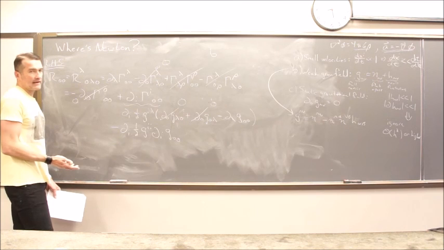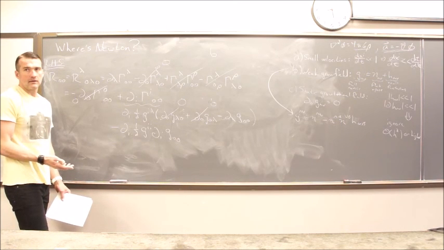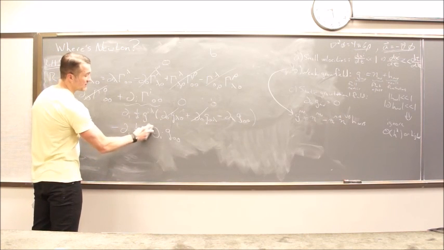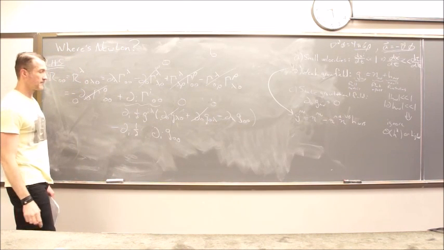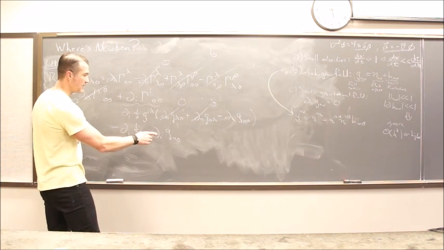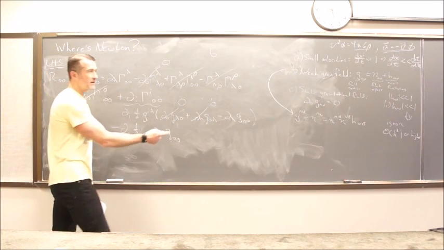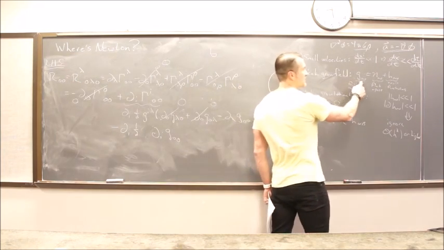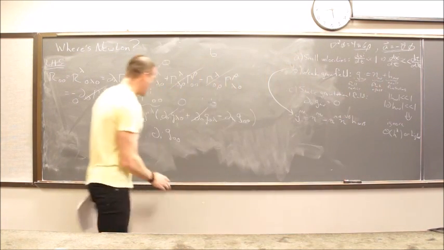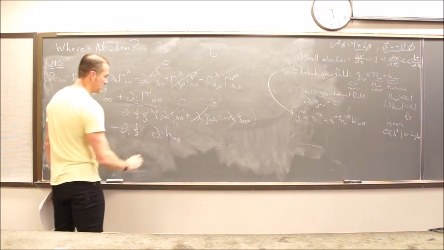But what is g ii? It's 1. These are spatial. So that guy is really just 1. The derivative of g 0, 0 is really just the derivative of h, because the rest is constant. So I might as well replace that with an h.